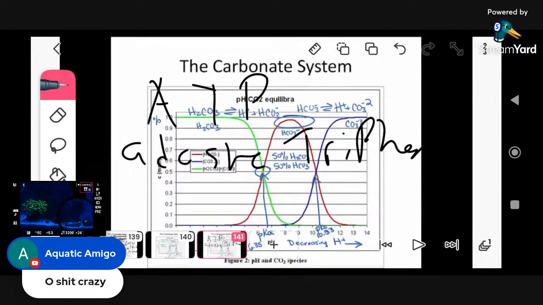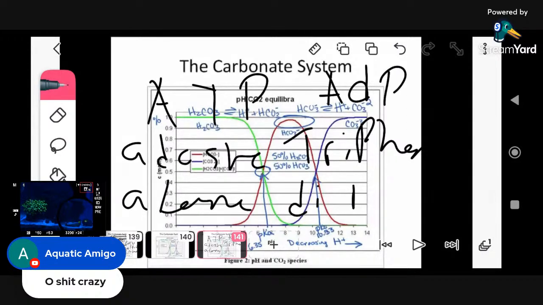And then there's ADP, D as in dog, my bad. ADP, which is adenosine diphosphate. You know what I mean?